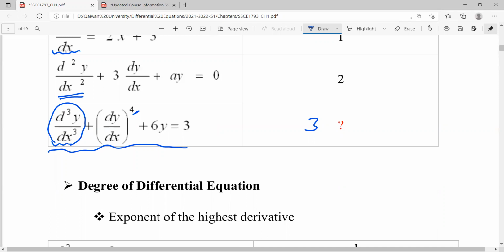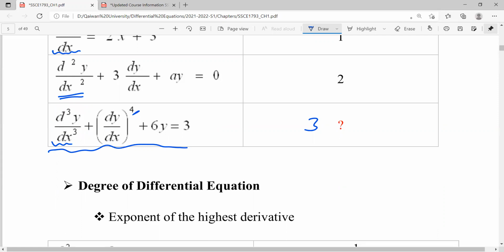We don't pick the degree randomly. We should know what the highest derivative is, and then we just take the exponent of the highest derivative. Here, the highest derivative is 3, and its exponent is 1. So the degree of this differential equation is 1.